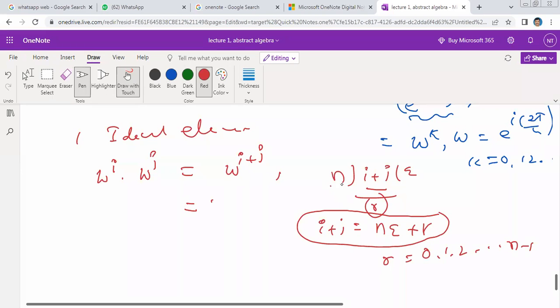We are dividing by n, so this r must be smaller than n. So suppose omega power i plus j is equal to omega power r.